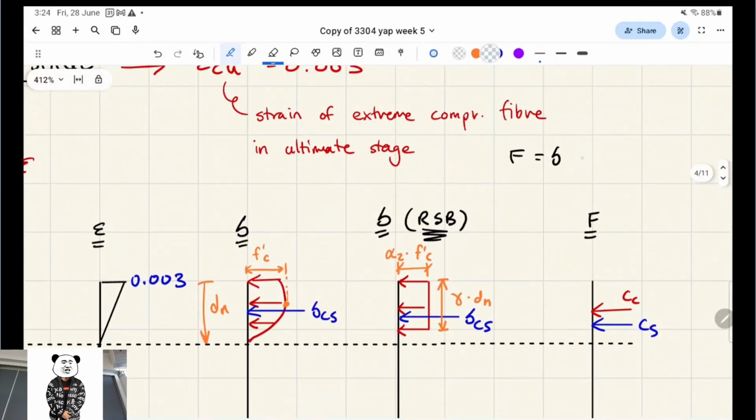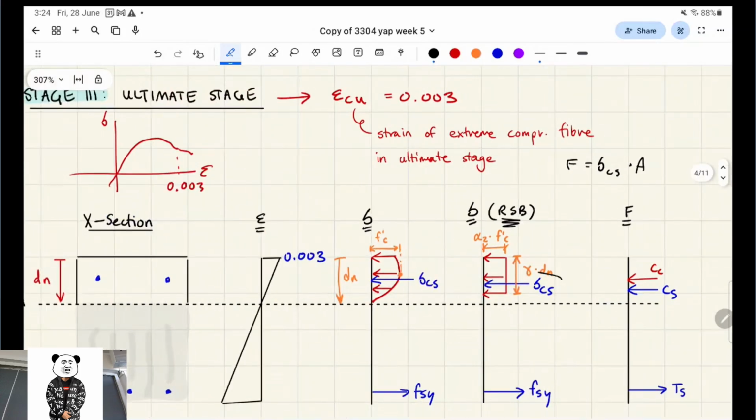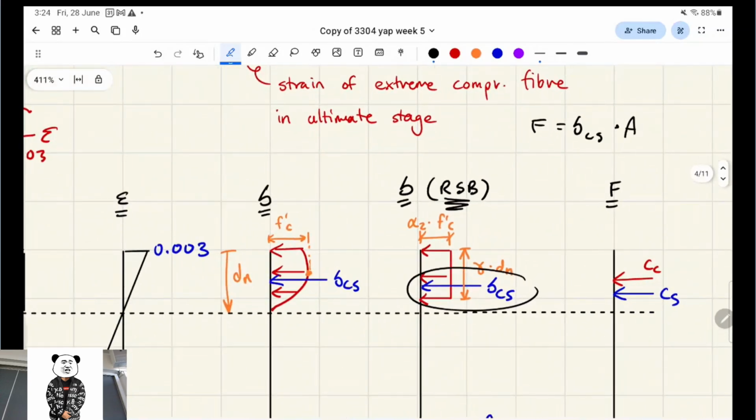So to get the steel, we multiply it by which area? So if we're looking at the compressive steel, what area do we care about? Area above neutral axis. So we just care about the steel. So what kind of steel area are we looking at?